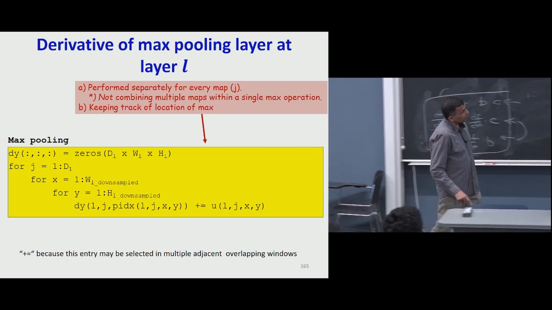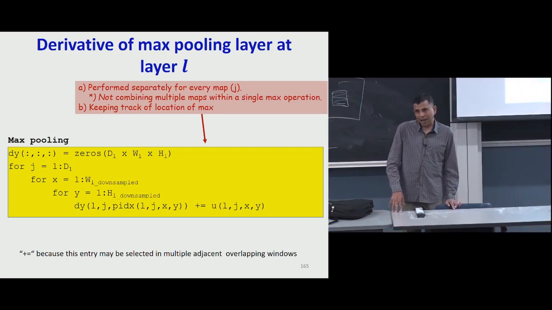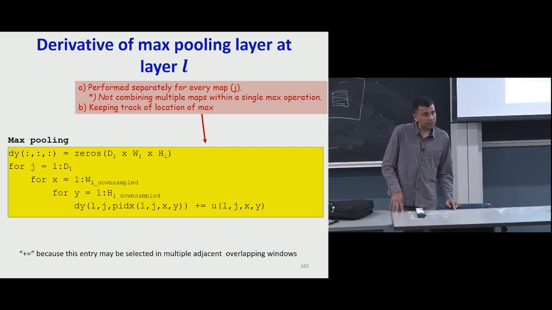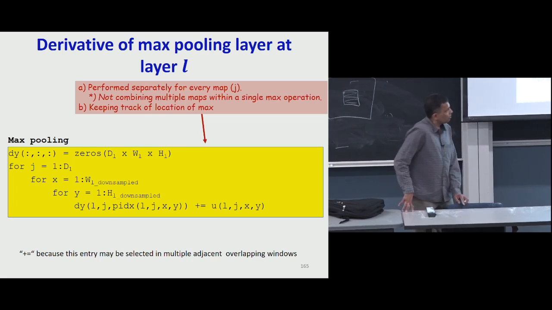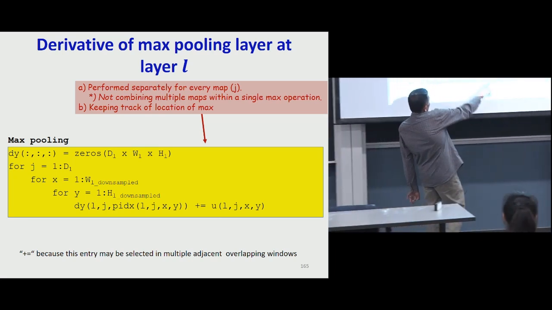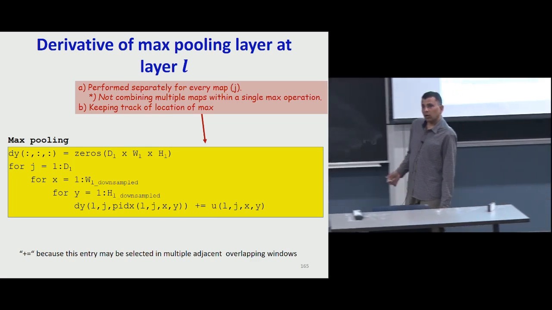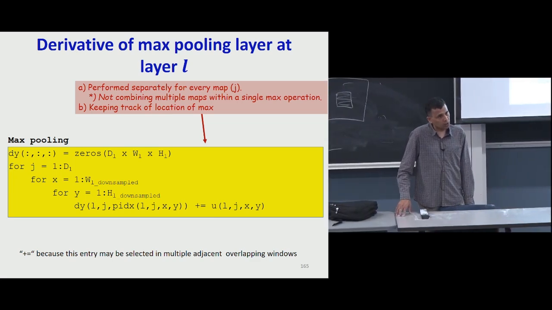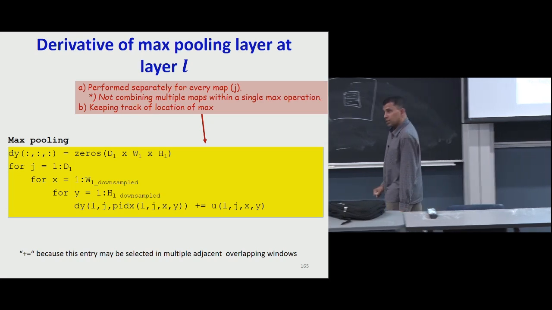Now observe that you're using plus equal to, because if your max pooling filters overlap, a single y might contribute to multiple locations, right? But you're only incrementing the derivative at the location that contributed to the max. The rest are not being incremented. All of this pseudocode is written assuming everything has been initialized to 0.